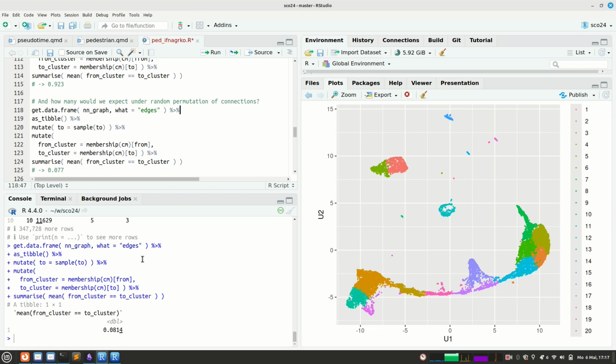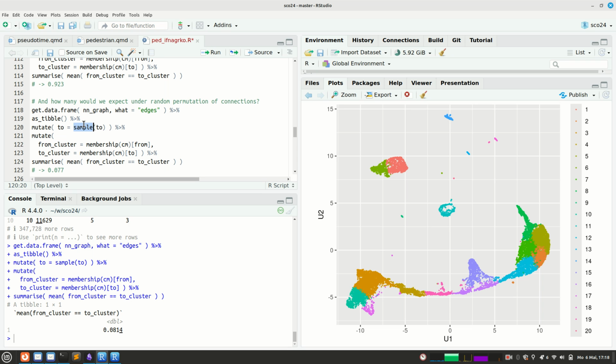A vertex which has a high degree has to work much harder to be only connected to its own color than a vertex with a low degree. So I want to preserve the vertex degree. And this is why they chose this permutation scheme, because it comes up with a new graph where every vertex still has the same degree as before, but completely randomized connections.